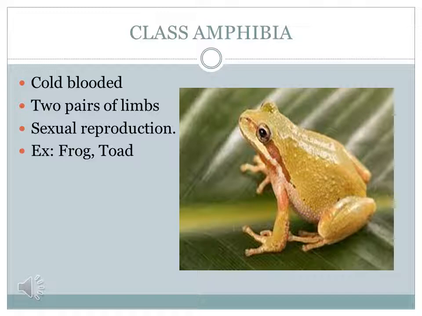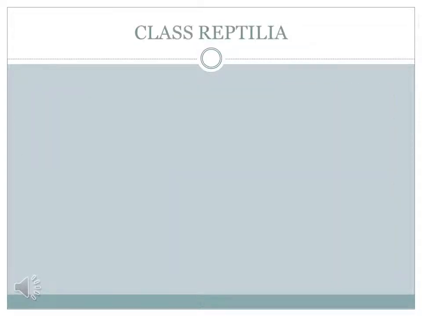The skin is smooth or rough without any scales, but with glands that make it moist. They have no paired fins. Unpaired fins might be present. They have two pairs of limbs for locomotion. The heart is three-chambered. Frog and toad are examples of class Amphibia.